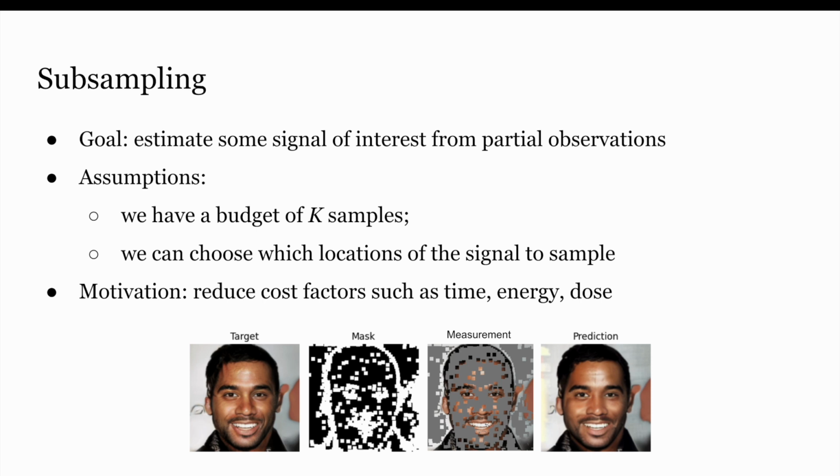So we want to be able to choose the measurement locations rather than being given some predetermined sampling strategy, such as every second sample, for example. And the motivation is simply to reduce the various cost factors associated with acquiring these measurements. It might take too long, it might be expensive, or it might damage the subject in some way that you're trying to image or measure.